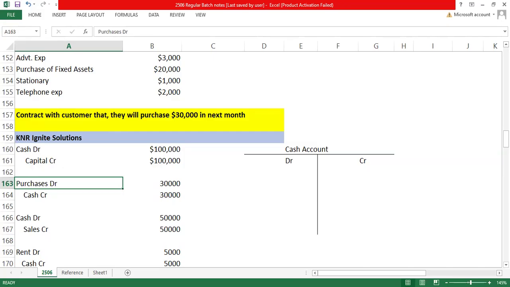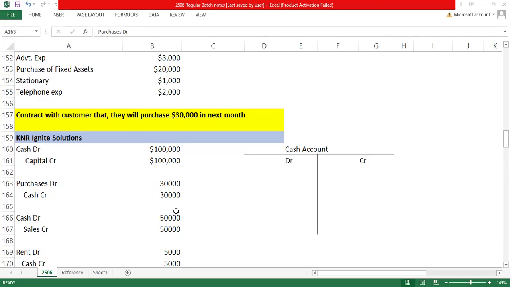How should I bring those numbers in? Whenever you introduce the capital, because of capital introduction, what happened to your cash?